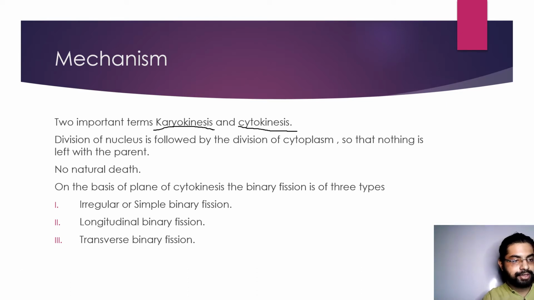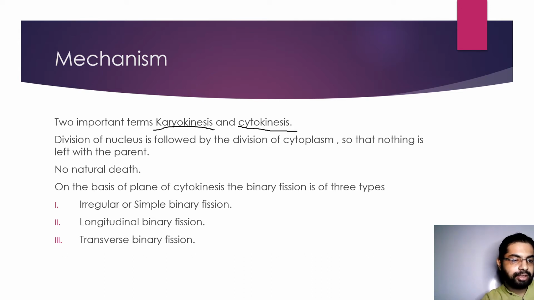In binary fission, the division of the nucleus is followed by the division of the cytoplasm, so that nothing is left with the parent. As nothing is left with the parent, there is no natural death of the parent. The parent remains immortal in a way.